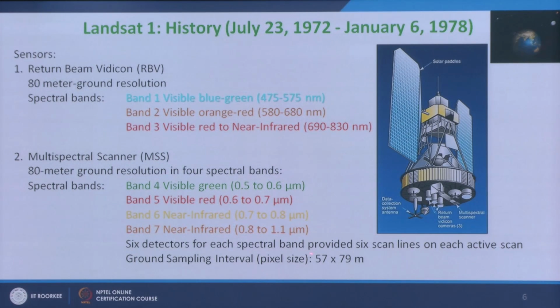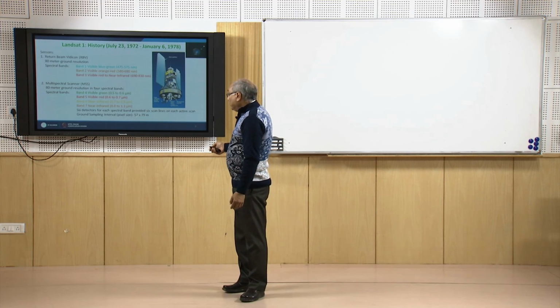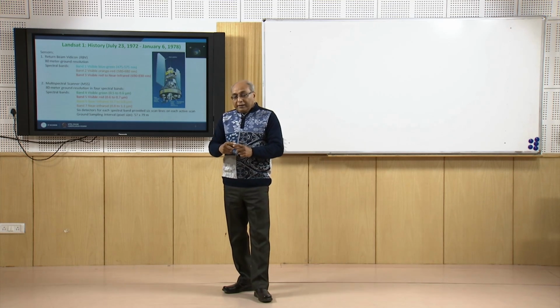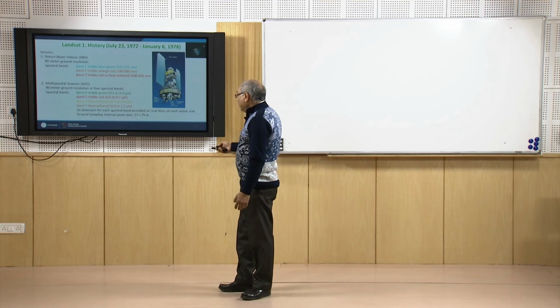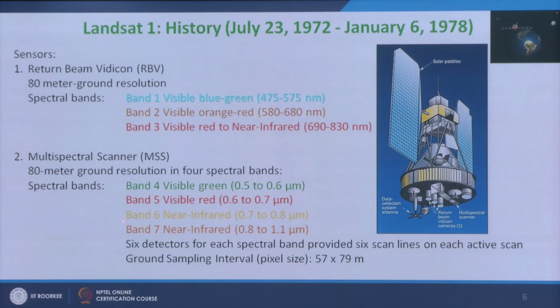The data was provided roughly at 80 meter resolution, but it was not a perfect square. As you know, a pixel of an image has to be square in shape, but initially when we started, because of this 57 and 79 meter spatial resolution, because of some overlap of the data or the pixel with another, we had some problems, and at that time we used to call it a mixel, but those problems were solved in subsequent Landsat missions, and the data sets which were available initially by MSS became very popular and very useful.